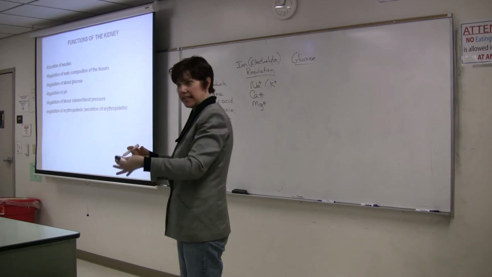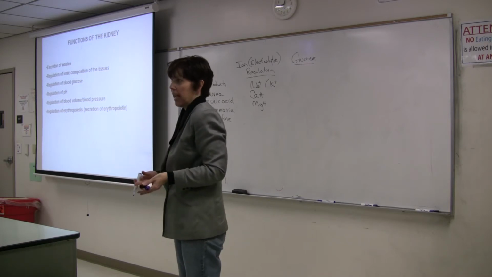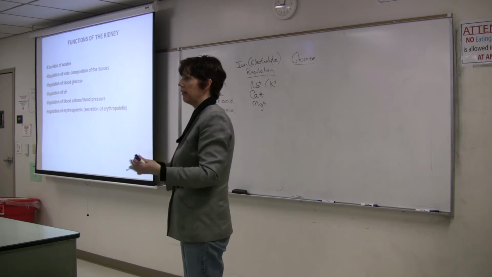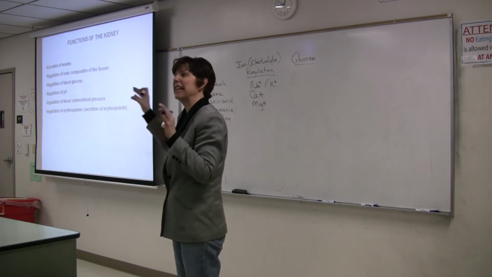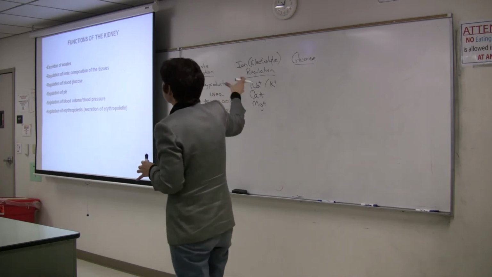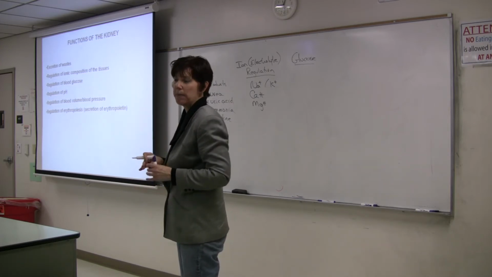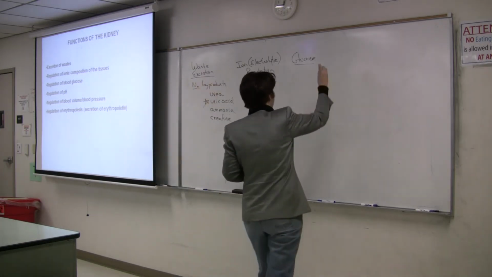If you have excess amounts, then you start ending up with glucose in the urine, okay? But it doesn't function, in other words, diabetics can't get rid of excess glucose by just peeing it out. So it's not regulation so much as we see glucose being returned to the body or not returned to the body, but not under a regulatory fashion. And as Corey said, pH.